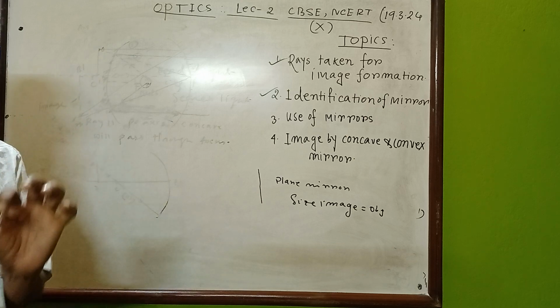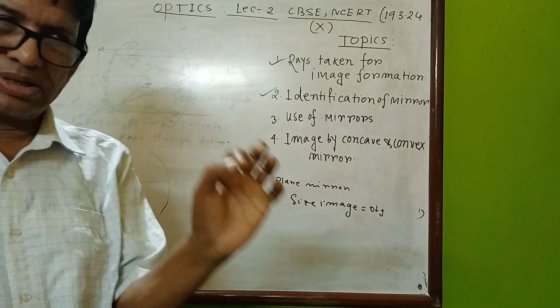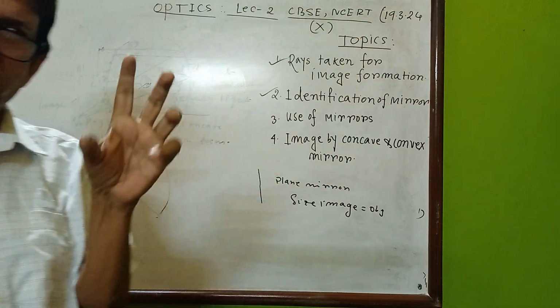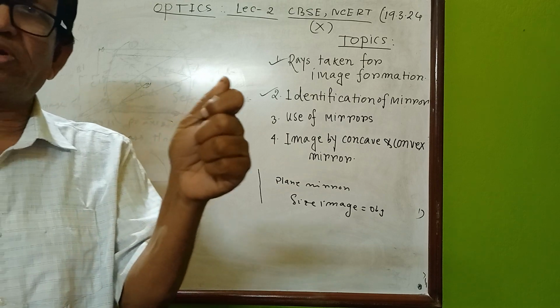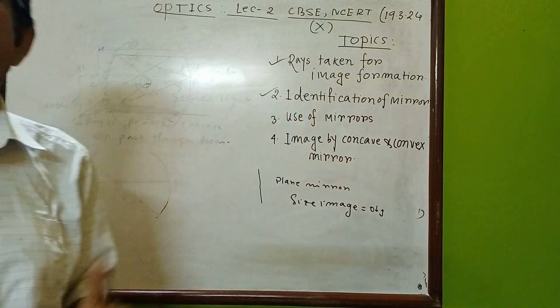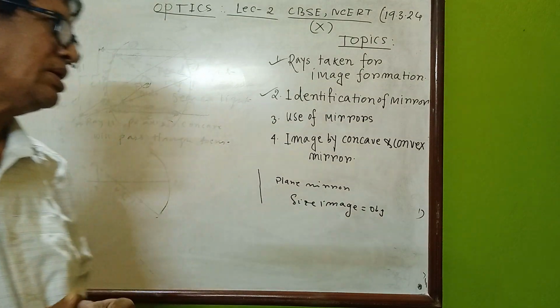That means the ENT doctor and dentist use a concave mirror, held very close to the affected area, and they get a very clear, vivid, magnified image of that area.